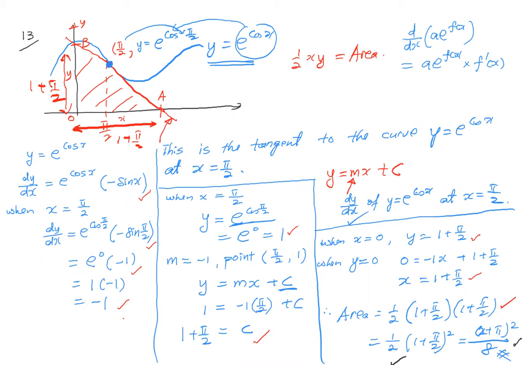Are you sure? Do you know what I am doing here? I want to find the coordinate of this point. I name this point P, can or not? Yes. Okay. Point P lies on y equals e to the power of cos x.